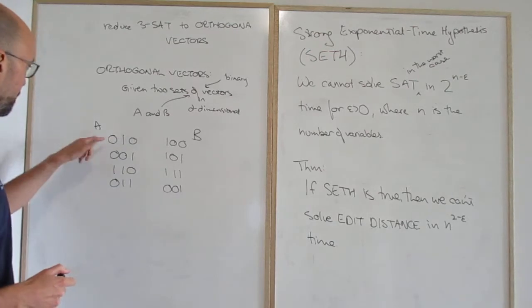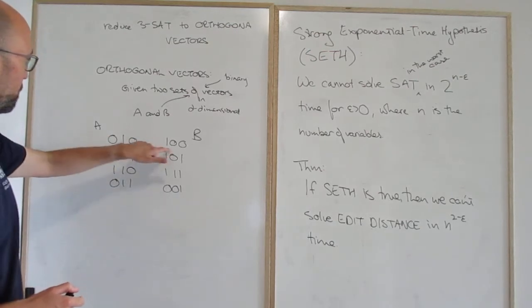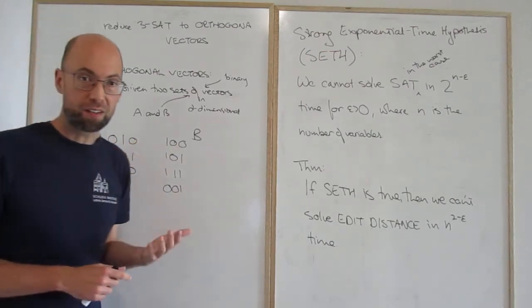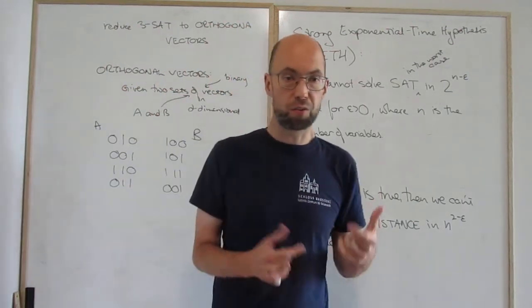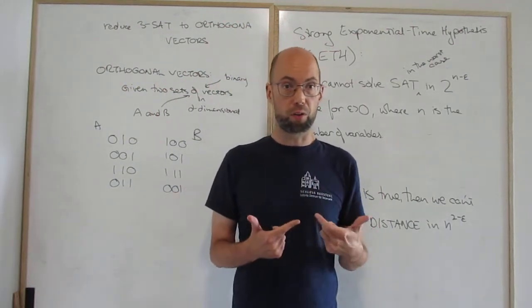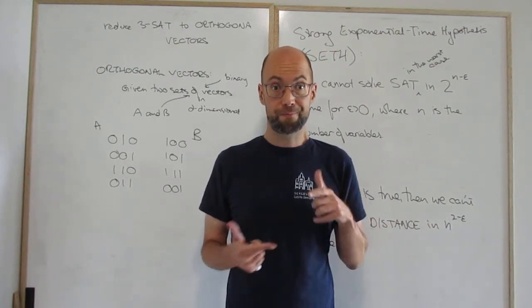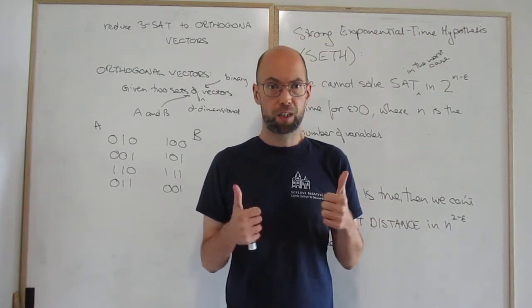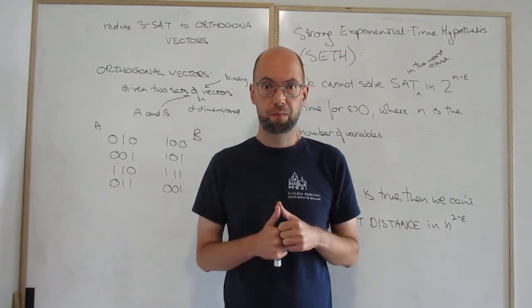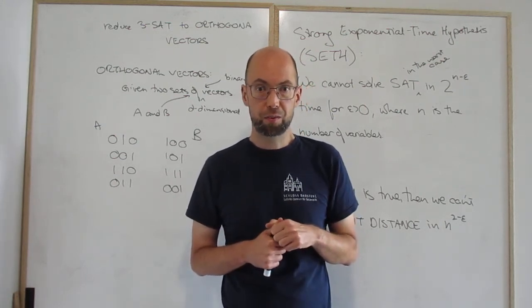For example, 0, 1, 0 and 1, 0, 0. If you take the dot product of those two vectors, it's 0. Those two vectors are orthogonal. Okay? Clear?